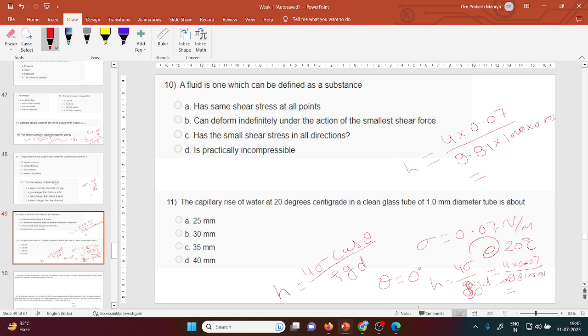If someone is getting the answer, please unmute yourself and tell the answer. No issue. I think the capillary rise is coming 0.0285.